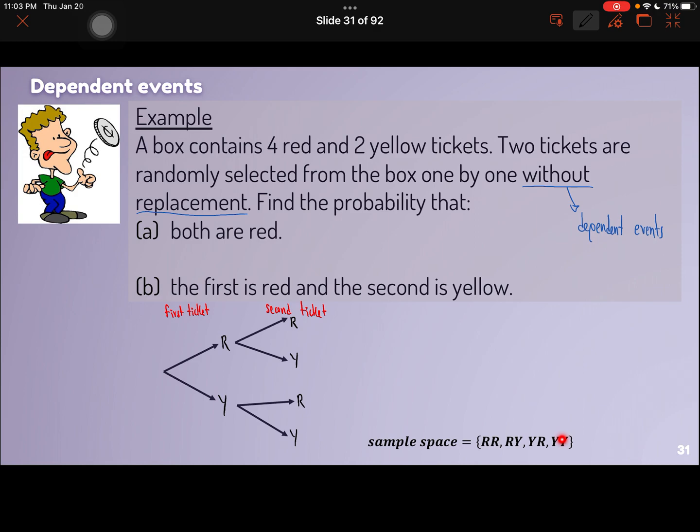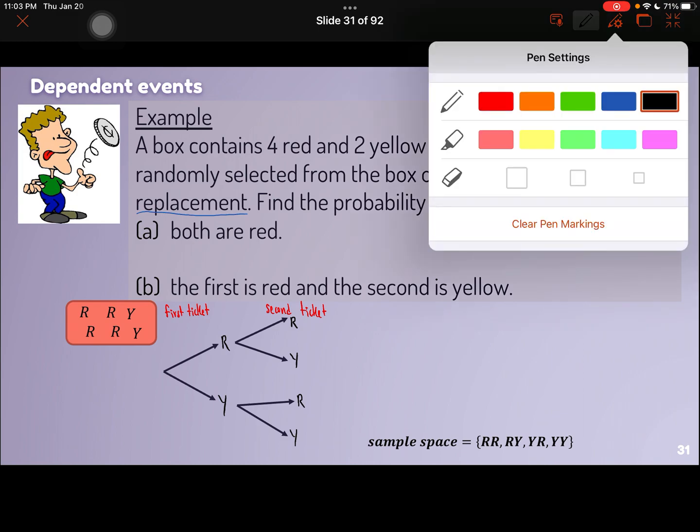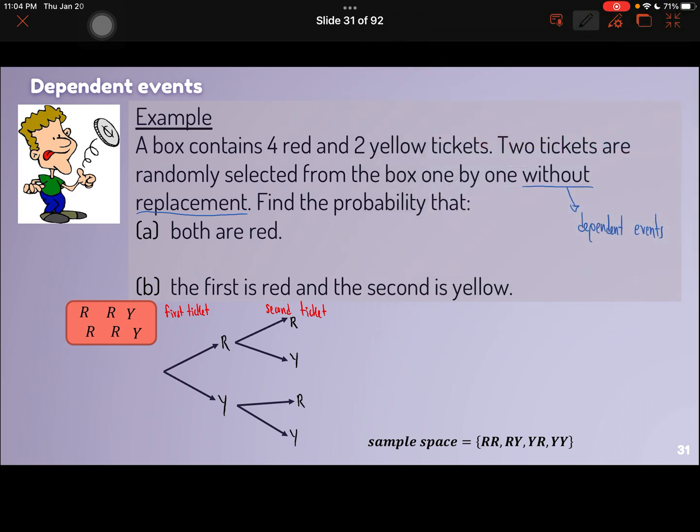So now we are going to define the probabilities for each possibility. So let me start with the first one. It's the case that we take the first one as a red one.